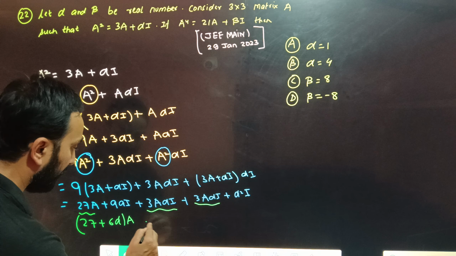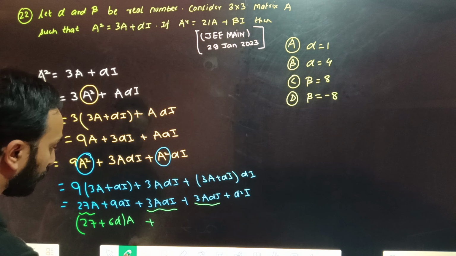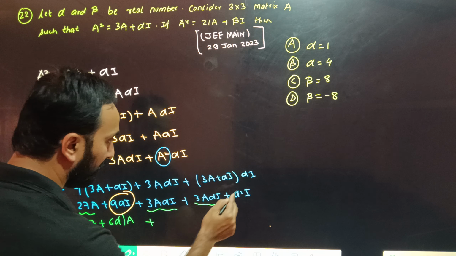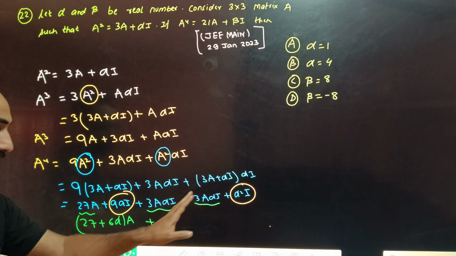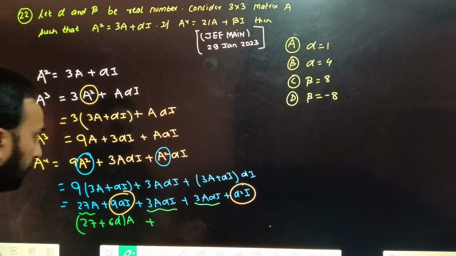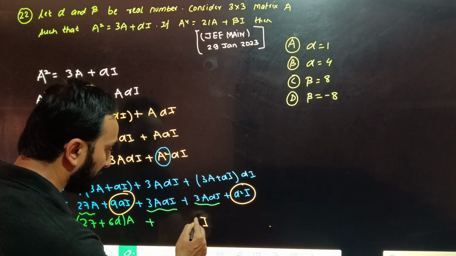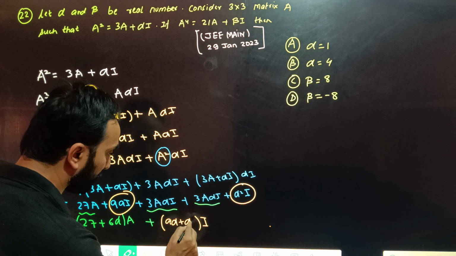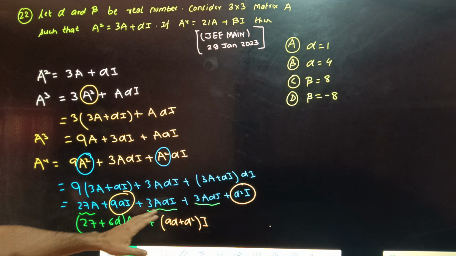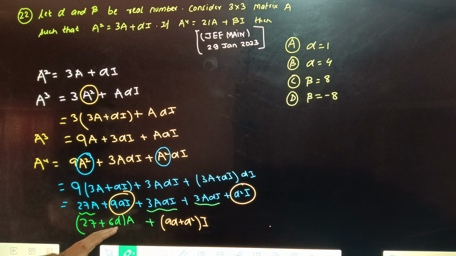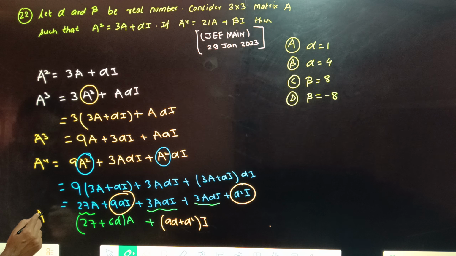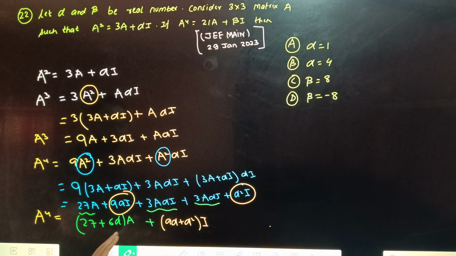And now from these two terms, 9 alpha and alpha square, I can take I as common, so I will be left with 9 alpha plus alpha square. So now we are done, and this is the value of A to the power 4.